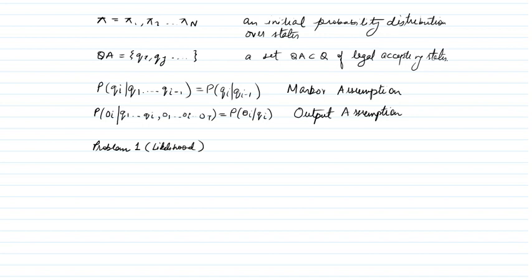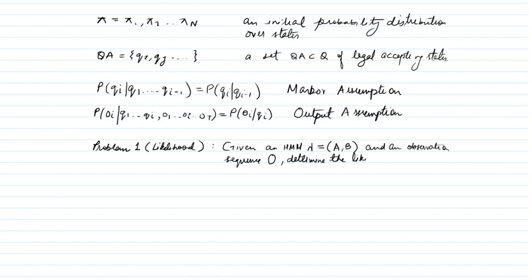Given an HMM, lambda, the whole setting of the HMM, where the two probabilities are collectively called lambda (A, B), and an observation sequence capital O, determine the likelihood of P(O given lambda).